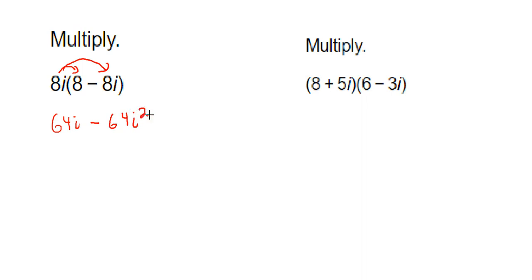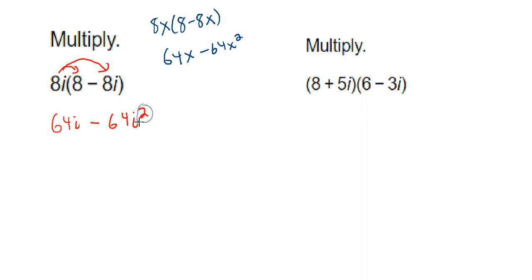64i squared. Please get that part right. I know students would know better. If it was 8x times 8 minus 8x, everybody would get this right. They would get 64x minus 64x squared. Nobody would make a mistake with that x squared. But for some reason, I don't know what it is, when I grade this test on chapter 6, when students are multiplying i's together, they forget to put the square.